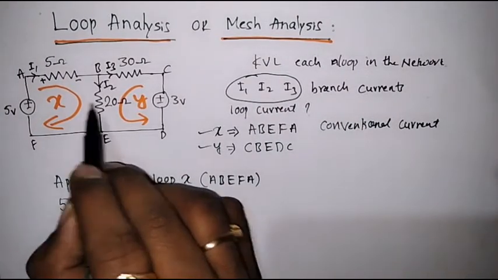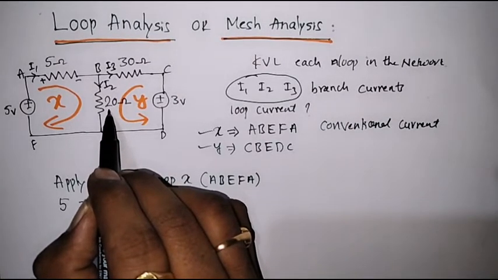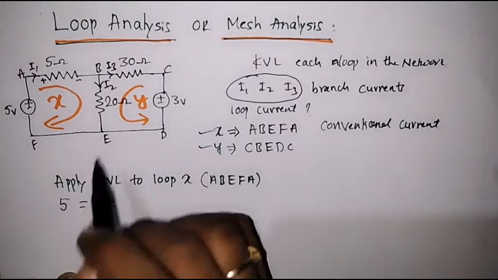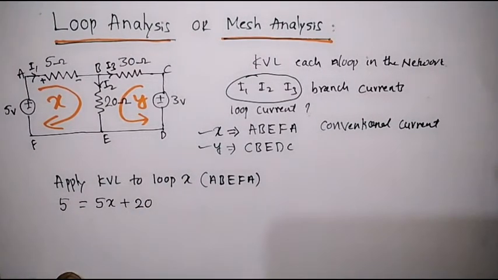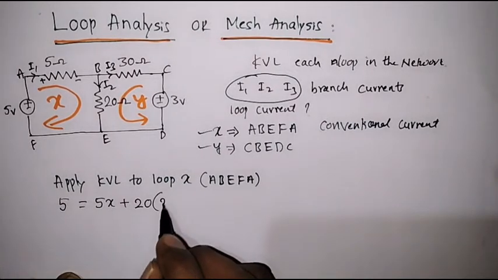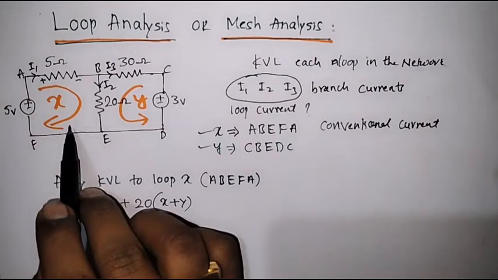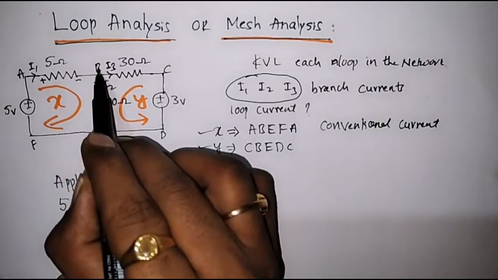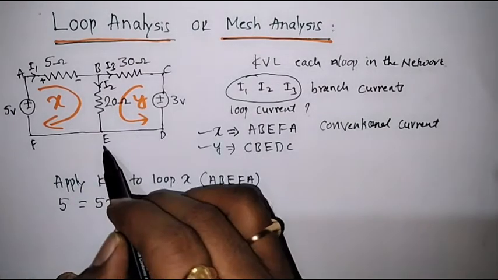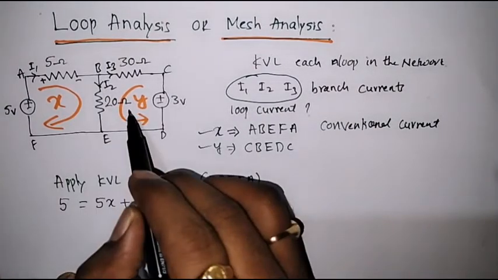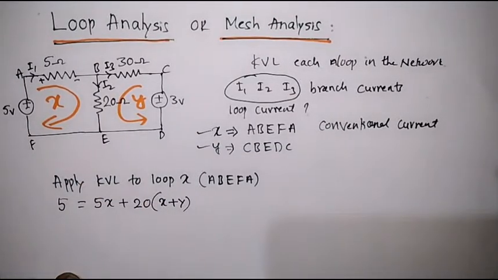Now the current X is flowing in the 20 ohm resistor. In the 20 ohm resistor another current is flowing, that is Y. So in the 20 ohm resistor two currents are flowing, one is X and one more is Y. Now look at the direction of X and Y. Current X is flowing from B to E. Similarly current Y is flowing from B to E. As both are flowing in the same direction, it is supposed to be plus.